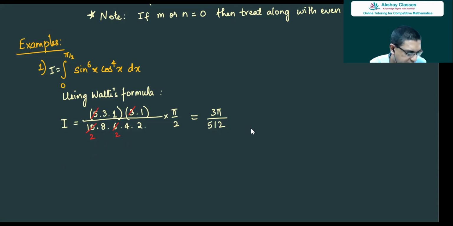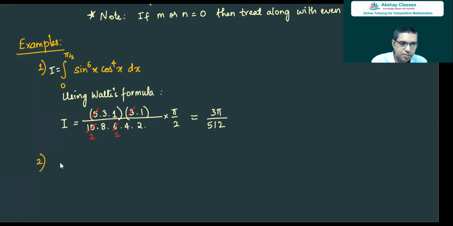All right, 3 pi upon 512 is the answer. Okay, so this is Wallis's formula, and it will give you the perfect answer. You don't have to worry about that.